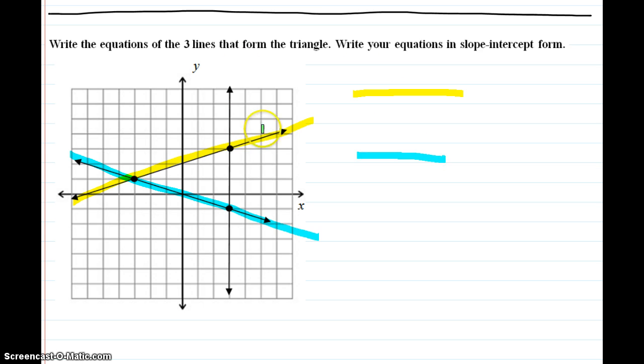And we have our green line. So we'll start with our yellow line. And so all our equations are going to be in slope-intercept form. So we want to have them look like y equals mx plus b.